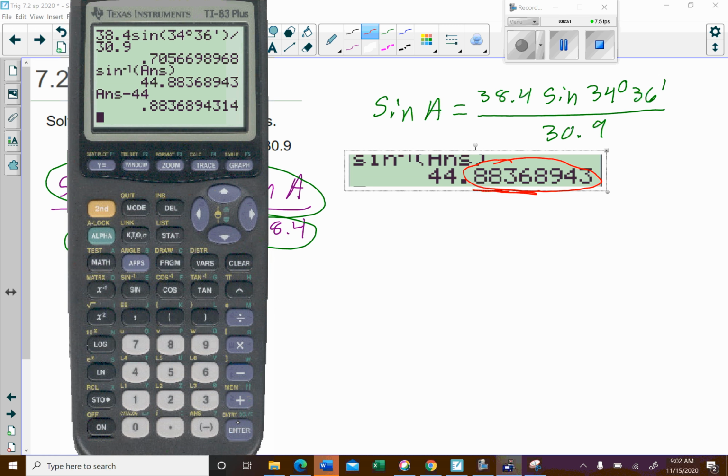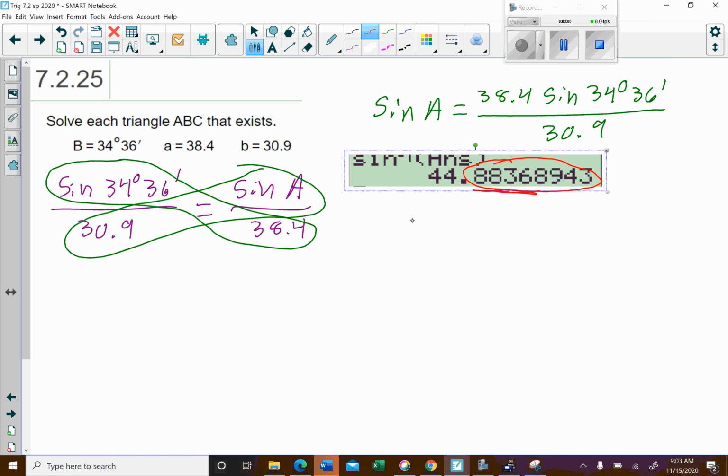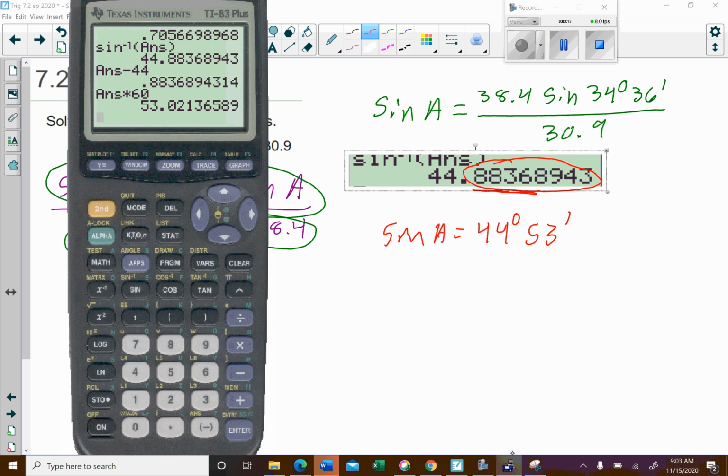Then we'll multiply that by 60 to figure out how many minutes that converts to. So we'll get 53. So angle A is 44 degrees and 53 minutes right there, rounding to the nearest minute.